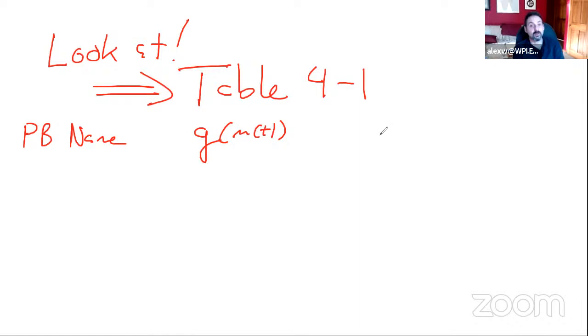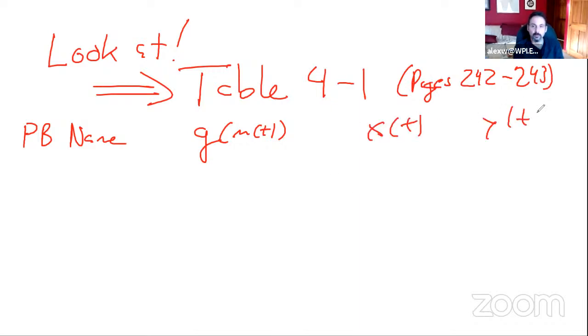And don't forget, table 4.1 spans 2 pages, right? It spans pages 242 to 243, okay? And what it also provides is x of t and y of t. So just a heads up. So what are these quadrature components?